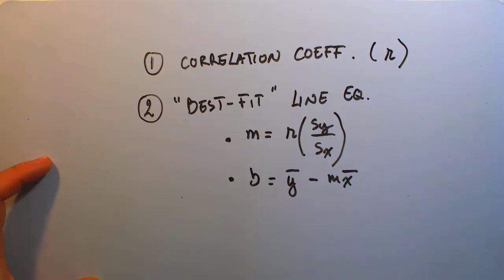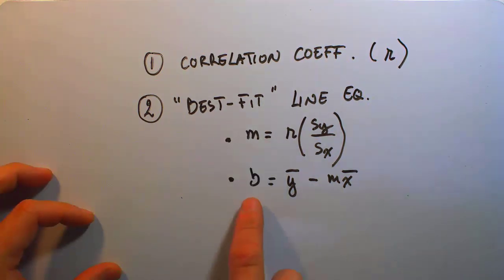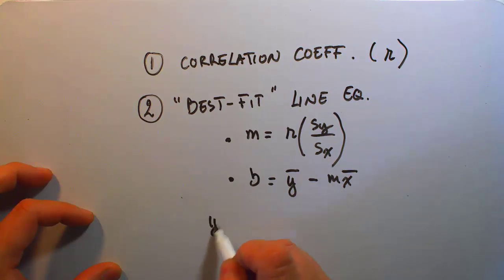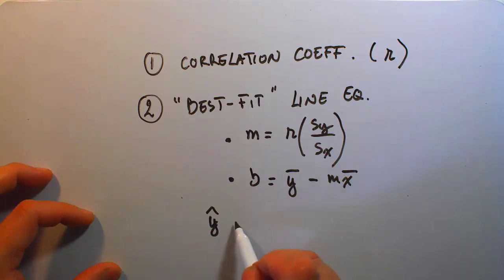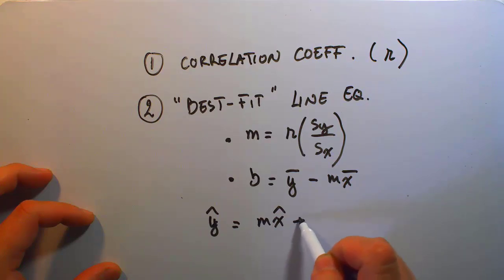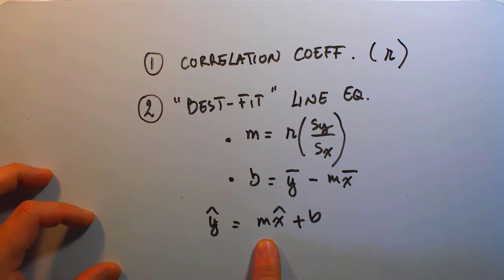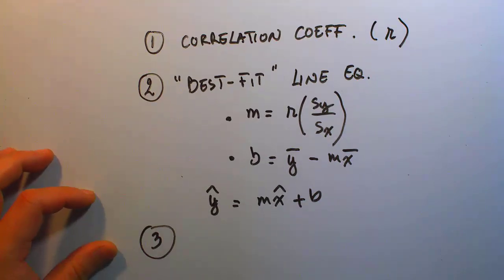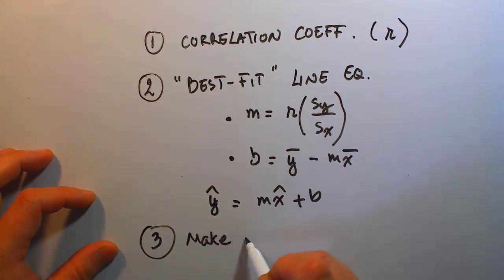And then once we got the slope and the y-intercept, we came up with our final concluded linear regression, or best fit line equation, y hat equals m x hat plus b. After getting that equation, the next big stage was that we were able to make predictions.